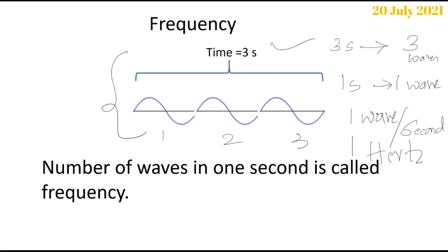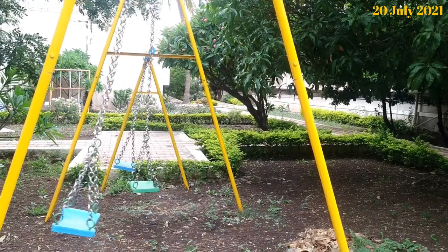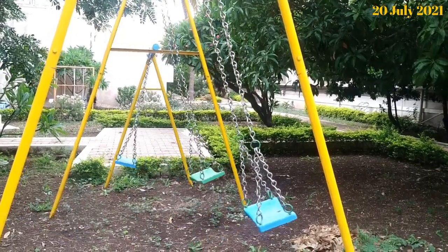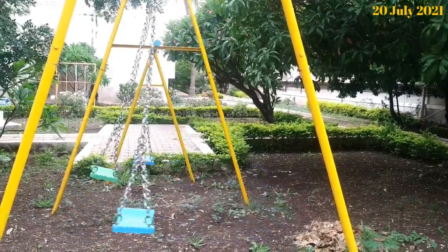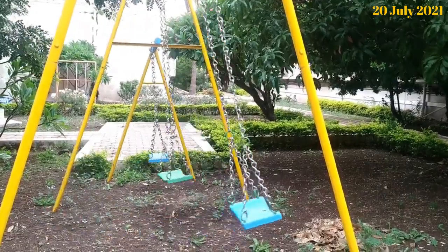So we'll conclude here. Remember all these concepts which were taught in the previous video tutorials related to sound, so that it will help us to take this chapter further. Well, we have to test ourselves on what we have learnt, and here in front of you are 3 swings, right?